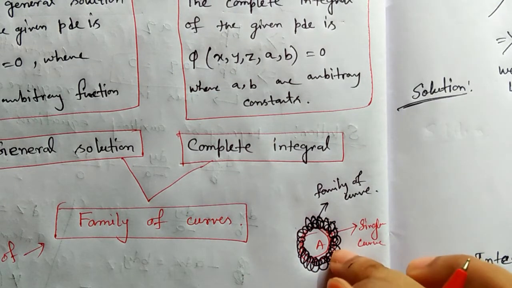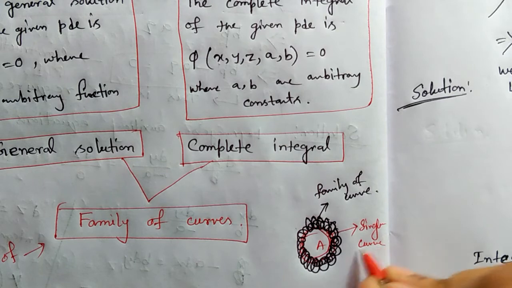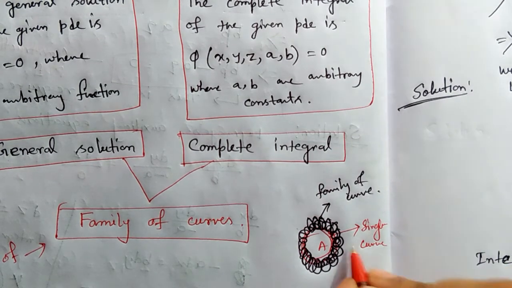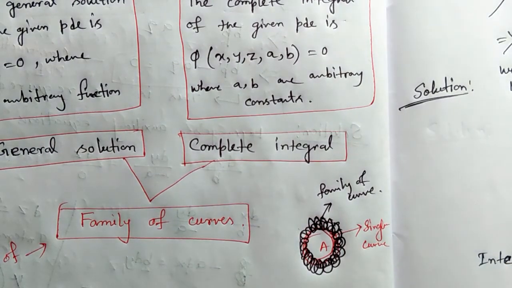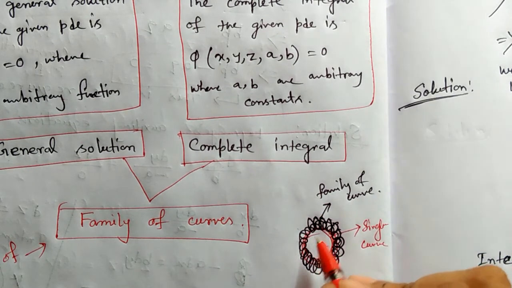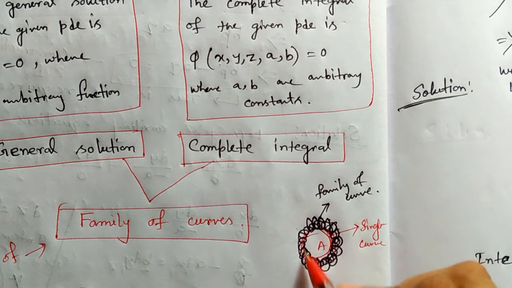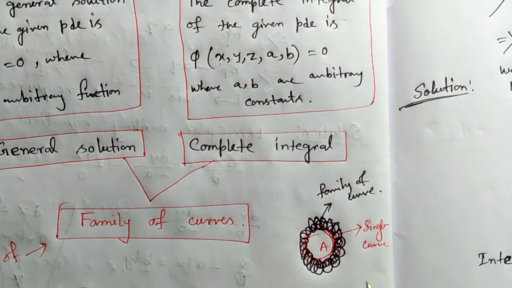So this single curve is called the envelope of that family of curves, and also at each point of this single curve, it is touched by some member of that family.